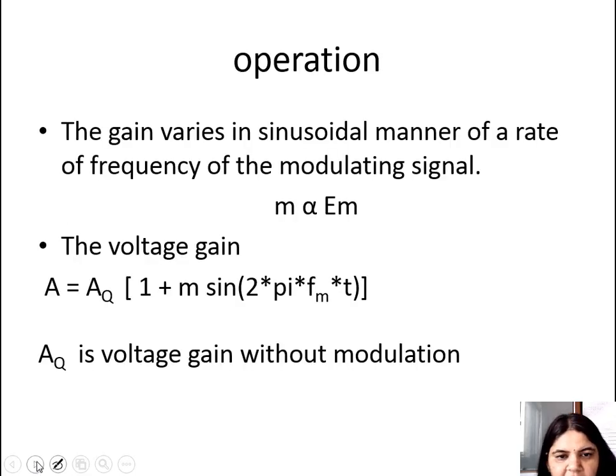The gain varies in a sinusoidal manner at the rate of the modulating frequency. Modulation index is proportional to Vm or Em.